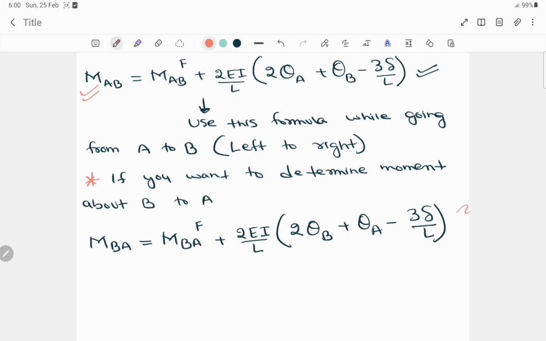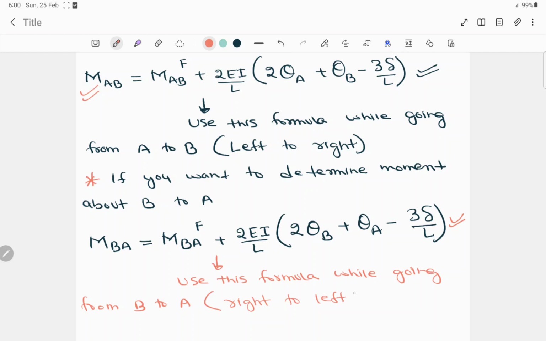So this formula will be used while going from B to A, or we can say right to left.